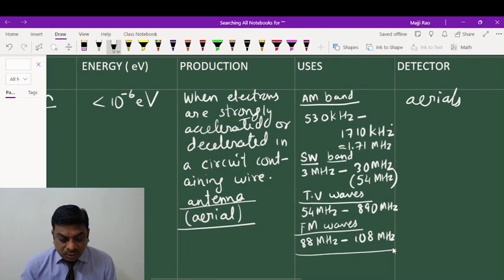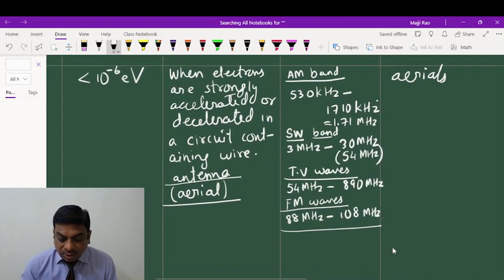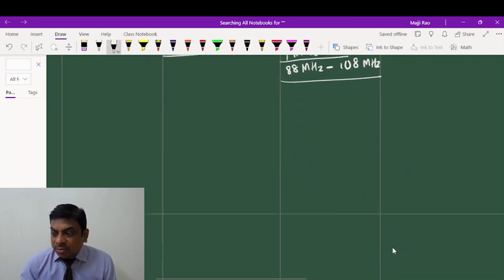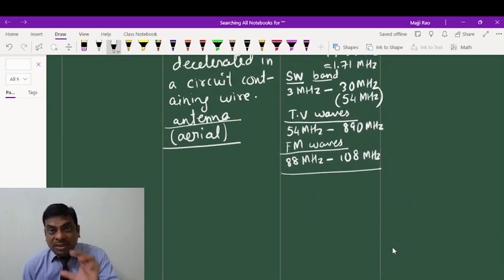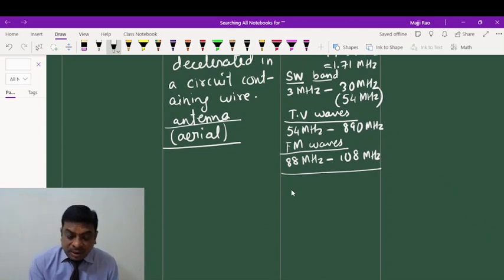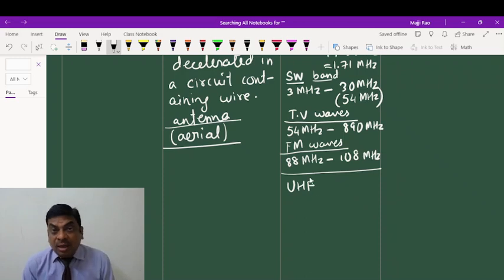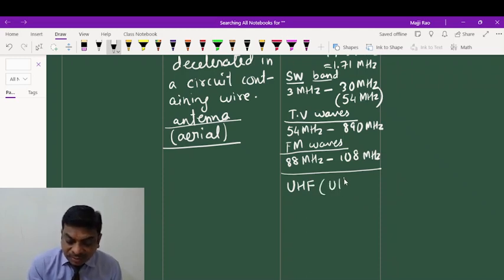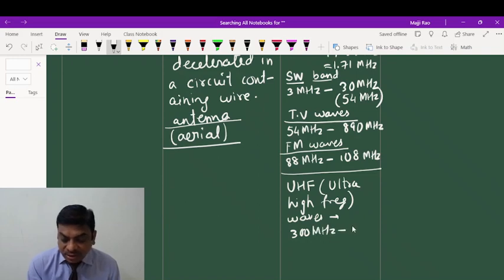So all these are radio waves. Also, our cellular phones, that is mobile phones, employ UHF, that is ultra high frequency waves. The frequency ranges from 300 megahertz to around 3 gigahertz.